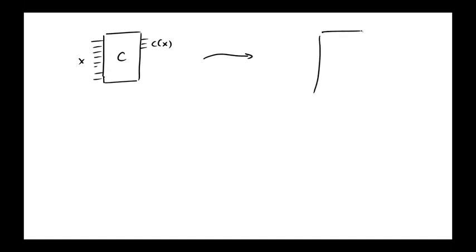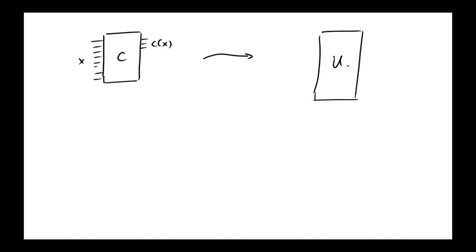Okay, so what's the upshot of what I've been saying so far? The upshot is, if you are given any classical circuit C, which takes as input x and outputs C of x, what I can do is transform this into a quantum circuit.